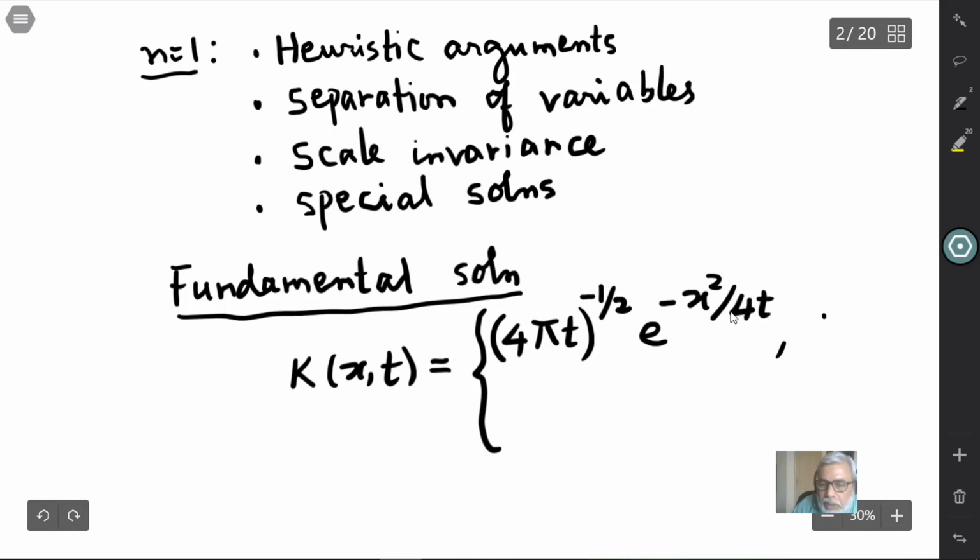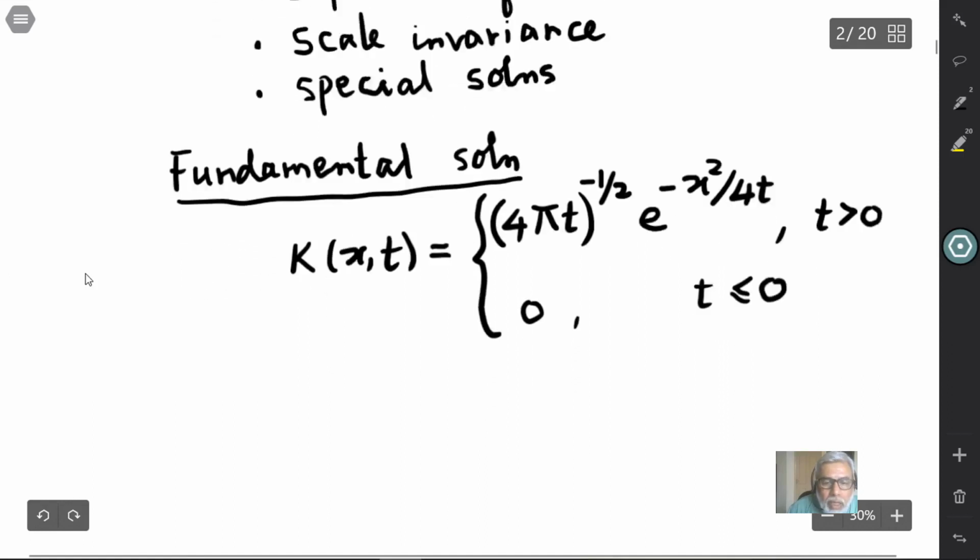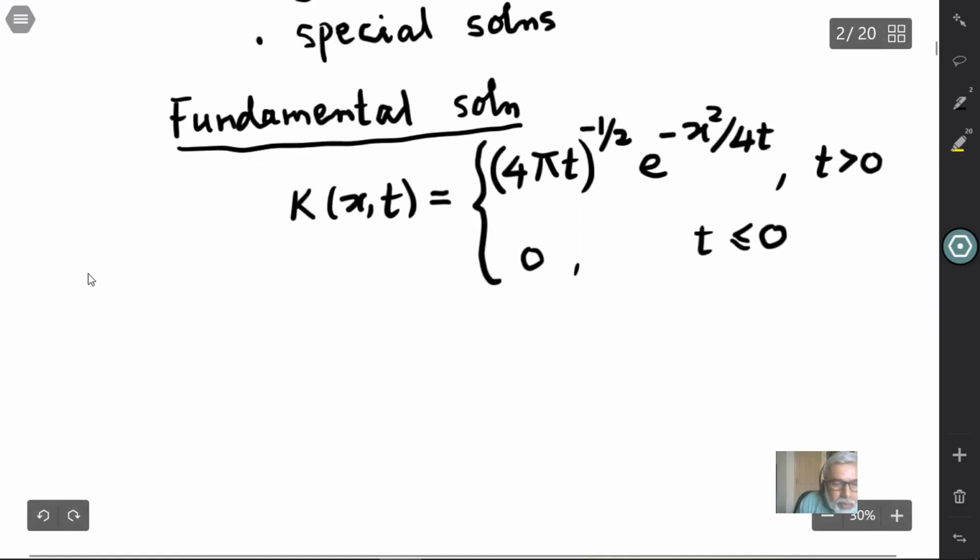So this is for t positive, and 0 for t less than or equal to 0. And then we derived this Fourier-Poisson formula.